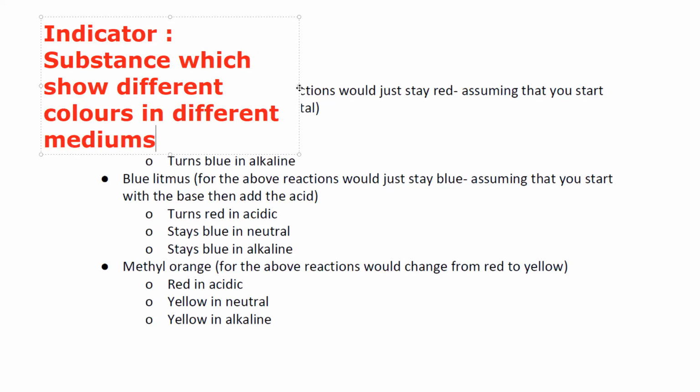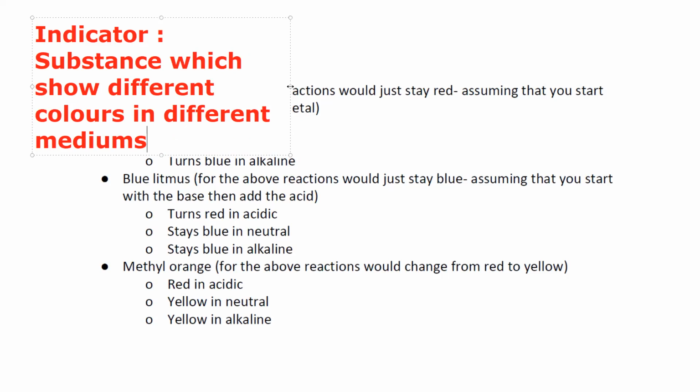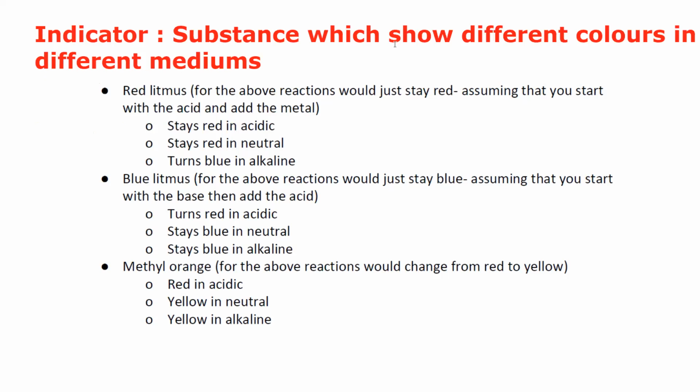If we have an acid, we can use different types of indicator. We can use a red litmus. This is the name of the indicator; there are different types. The first one is a red litmus.